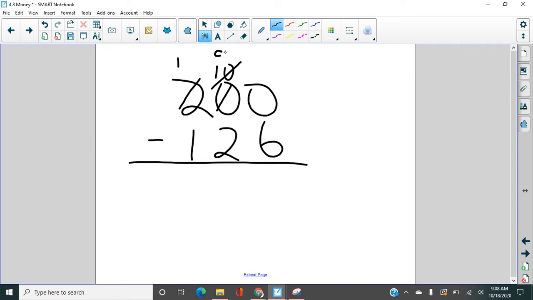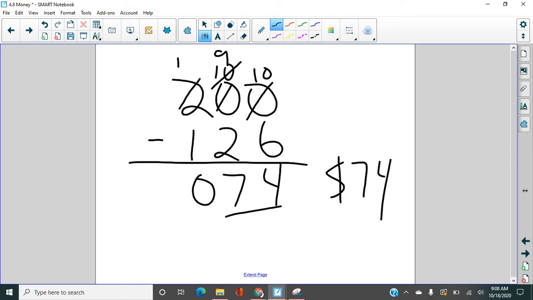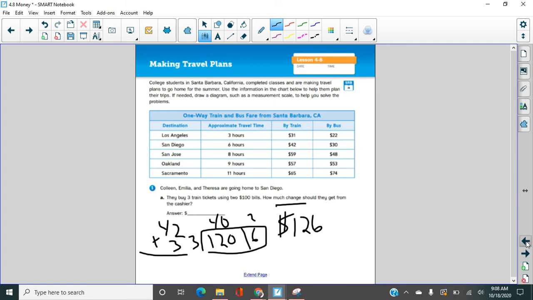Borrow from the 10. Now I have 9 there and 10 there. And so my answer, 74 what? $74. So let's write that in the answer spot.